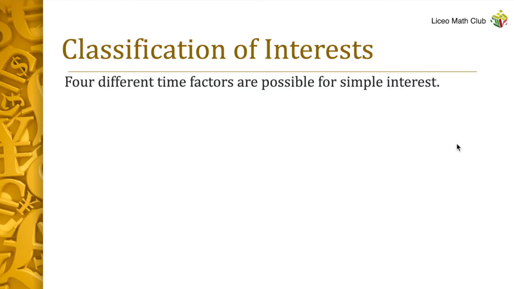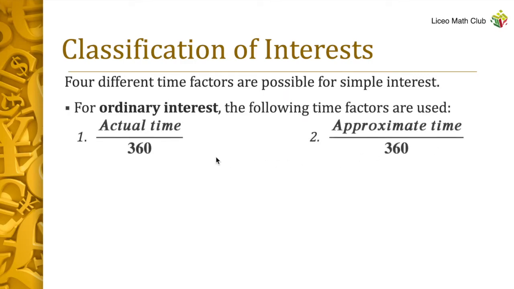So under the ordinary interest, we can have 2 time factors. For ordinary interest, the following time factors are used. Either you use actual time for the number of days over 360, or number 2, approximate time over 360. So that's 2 of the 4 classifications.